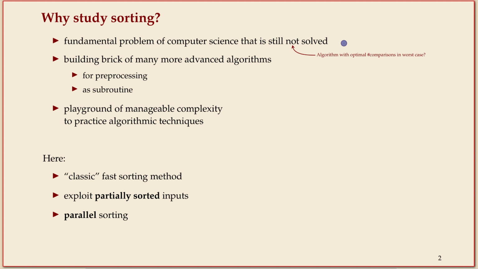Why still do sorting? First of all, it's a fundamental problem that still has unsolved corners. For example, an innocent question could be, what's an algorithm that uses the fewest number of comparisons to sort n items? And kind of tantalizingly, this is open. We don't really know.